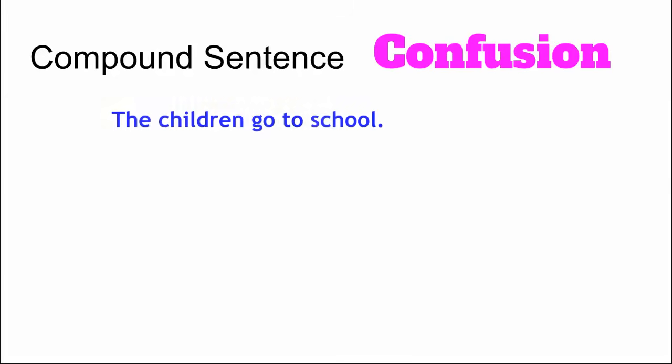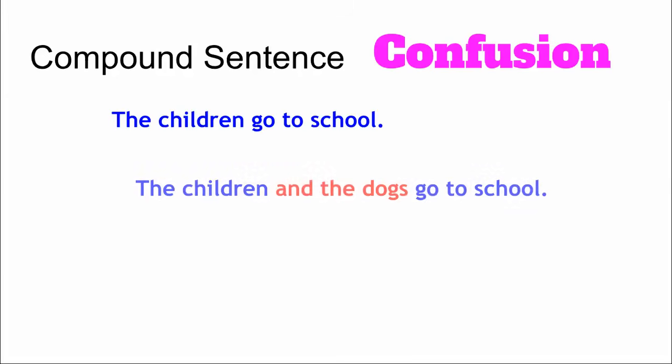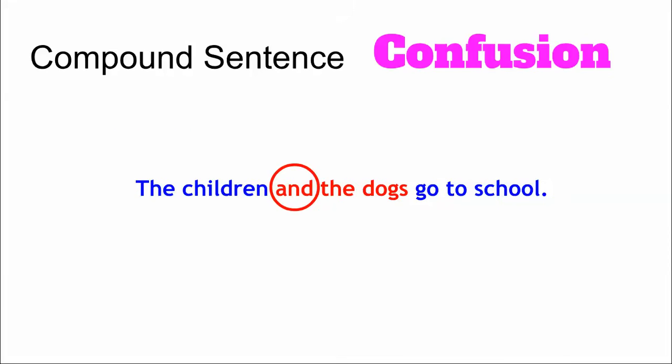And let's start again with our same sentence. The children go to school. How about this sentence? The children and the dogs go to school. Is that a compound sentence? Well, I see my fanboy. And on the right side, I see a complete sentence. The dogs is the subject, and they go to school. But on the left, I only see a subject.